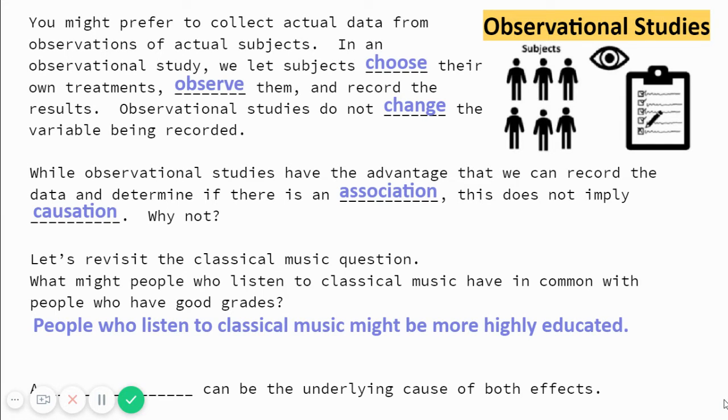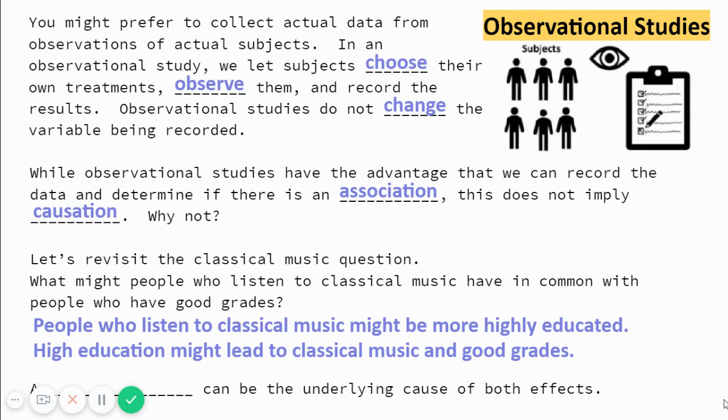Let's look at the classical music question. What might people who listen to classical music have in common with people who have good grades? Well, maybe they're more highly educated. Maybe more education leads to classical music and good grades. Well, or maybe they listened to Mozart when they were kids.